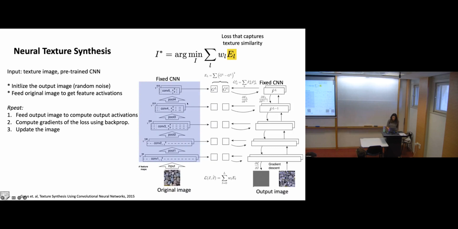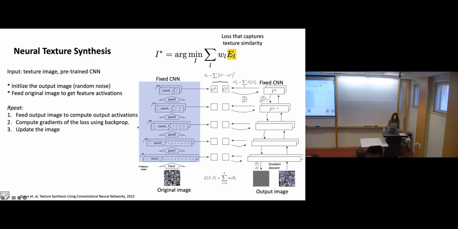So maybe this illustration is a bit too elaborate, but it's actually very simple. Again, this entire branch and this entire branch is just our fixed classifier. We're gonna extract some features, compute G_L on top of these features, and our objective function is just gonna be a Euclidean distance between the G_Ls of the original image and the target image. And the way we're gonna solve for this image, we're gonna initialize it somehow, maybe with random noise.